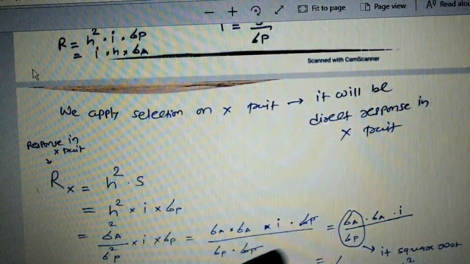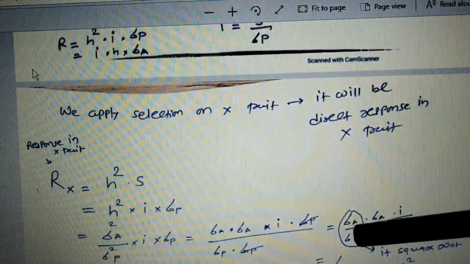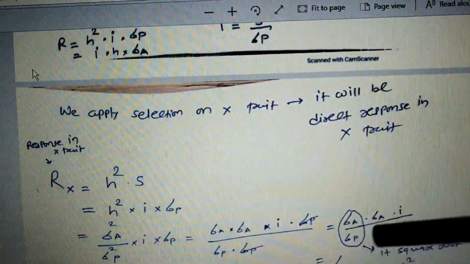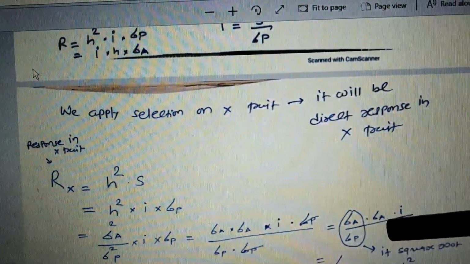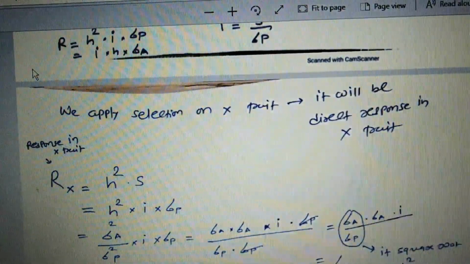If we remove this, we get the standard deviation of breeding value divided by phenotypic standard deviation, into I. So this portion we can say is the square root of heritability.